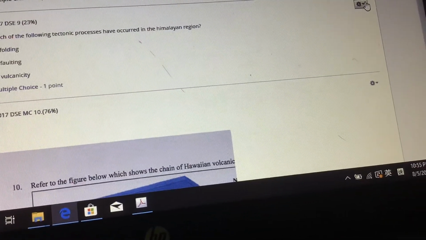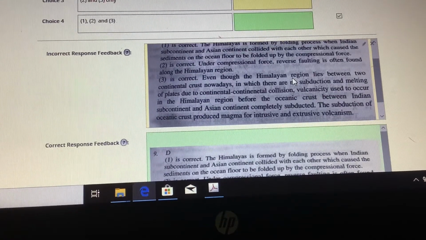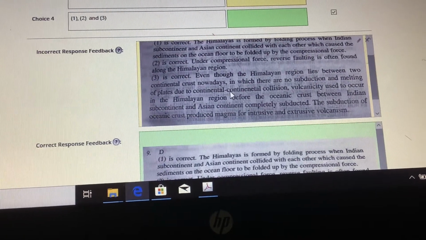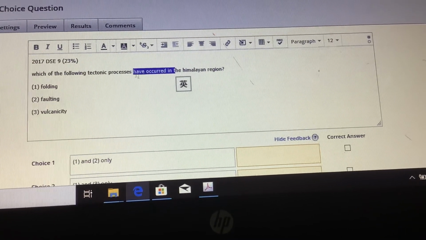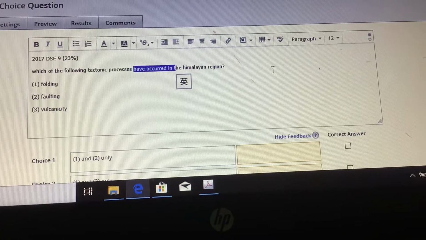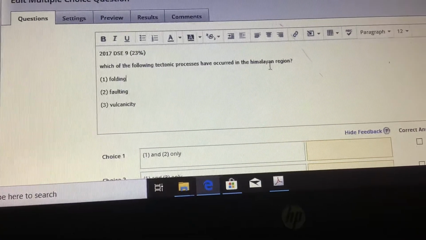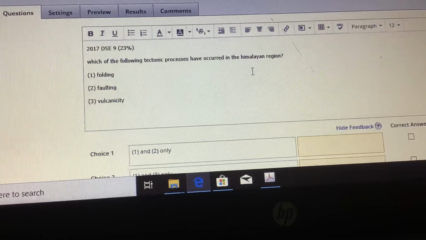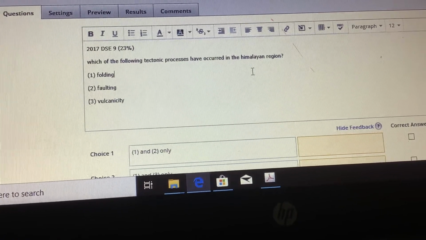Let's see whether I have made it wrong or not. Oh, number 1 and 2 and 3? Oh, it says have occurred, my bad. Because it's talking about have occurred, it has to talk about once upon a time, like the Jurassic World, when the plate boundary between the Indo-Australian and the Eurasian is not crashing like this.